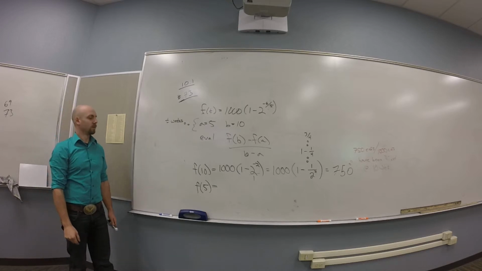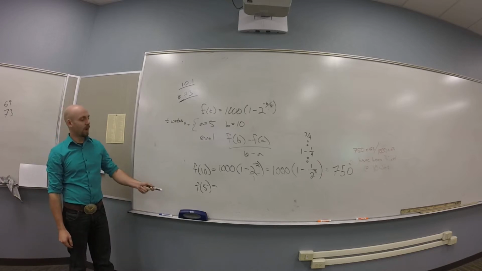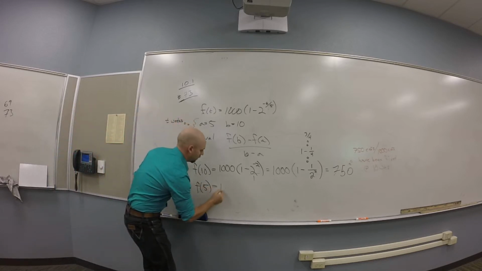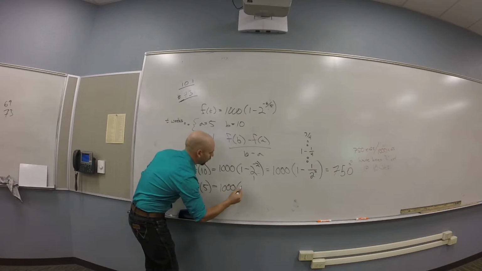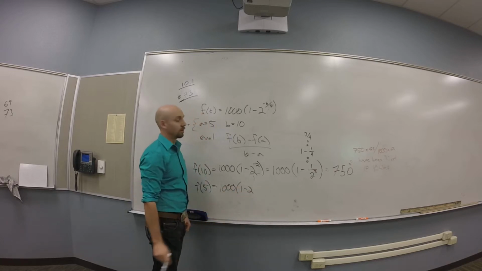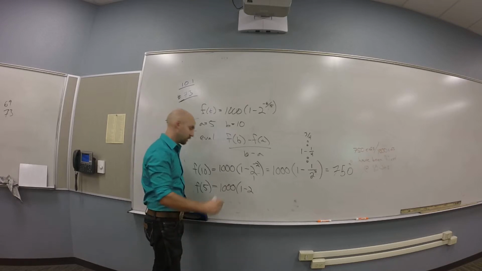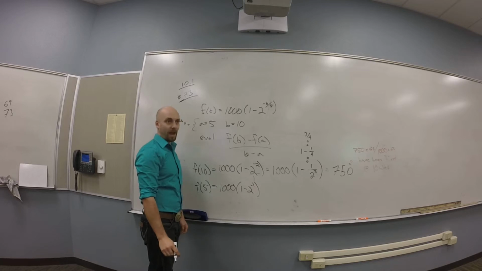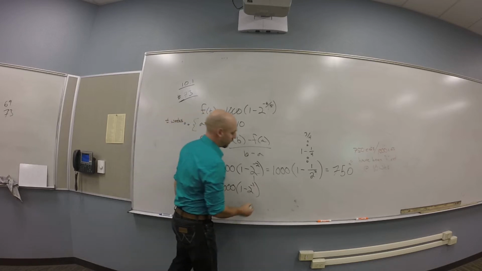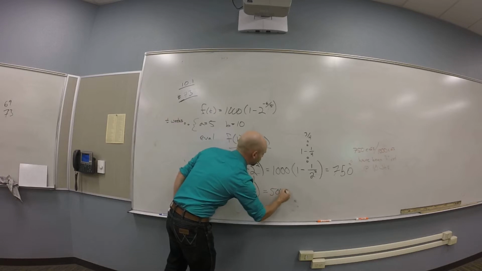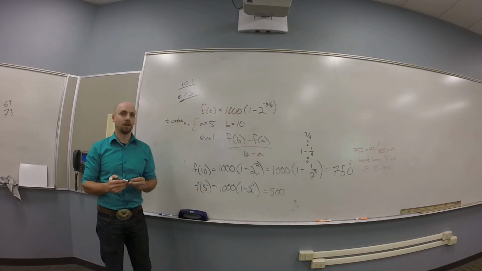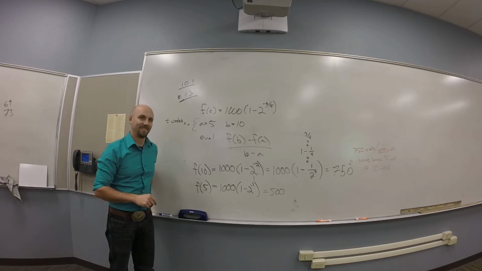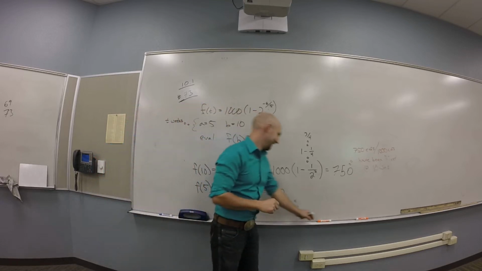Yeah, so then we have to find F of 5. Okay, so F of 5 is 1,000 again, times 1 minus 2 to the negative 1, which is a half. So this is going to be 500. 500 is half of 1,000.